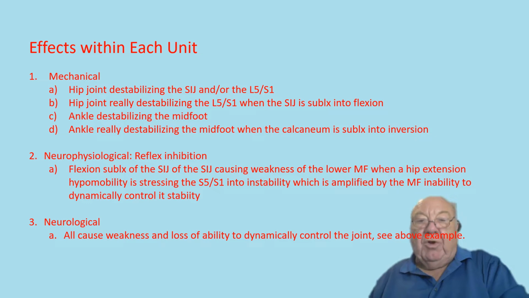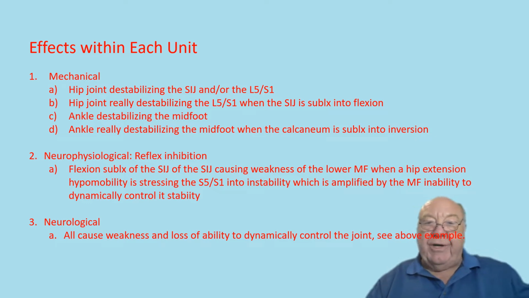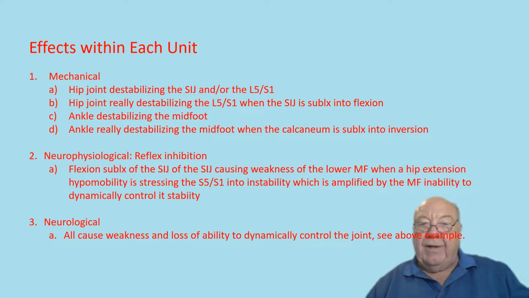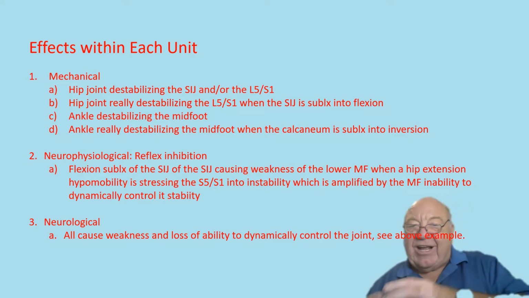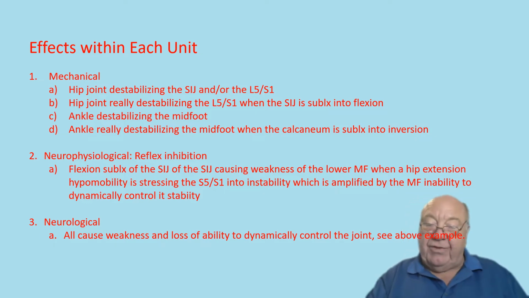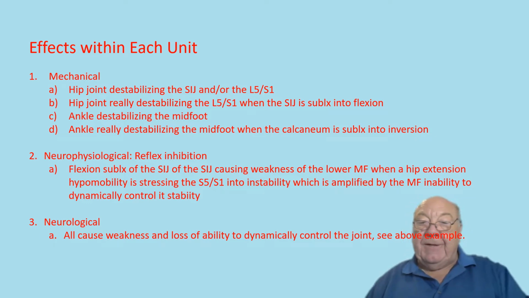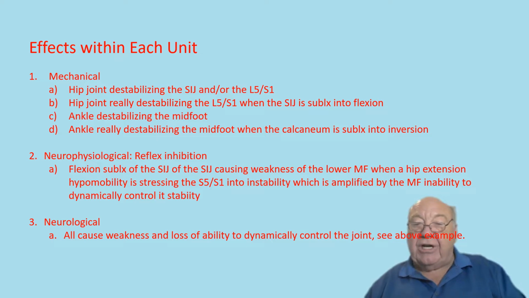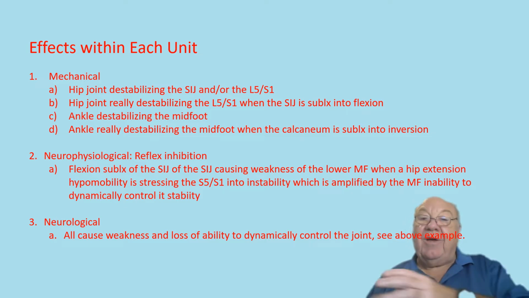Now this is made a lot worse if the hip joint that is stressing out L5S1 when the SI joint is subluxed in flexion and it can't take its place in compensating for the hip joint loss of mobility. So now the lumbosacral junction takes much more stress than it would do if the SI joint was contributing, and so it breaks down faster.